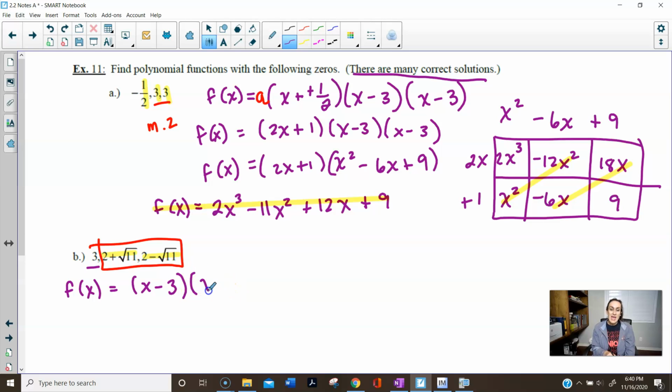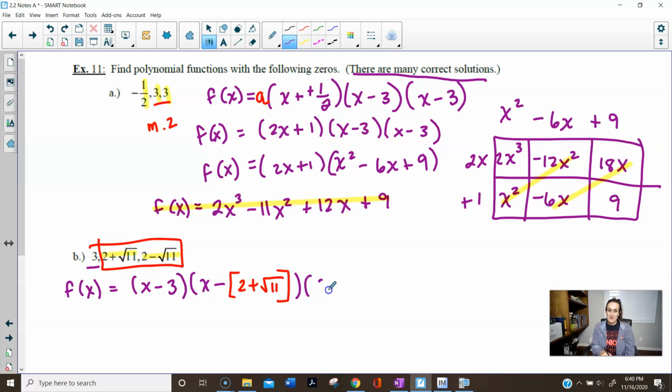Now I have x subtract, and then I'm just going to put this 0 in red. And make sure that you use parentheses because you're subtracting more than one thing. You're subtracting the entire thing, 2 plus the square root of 11.